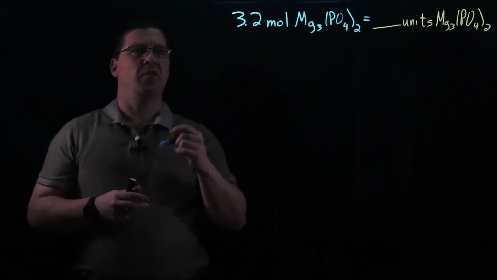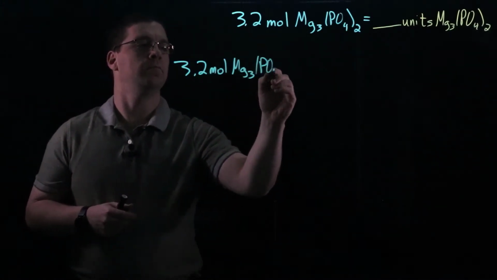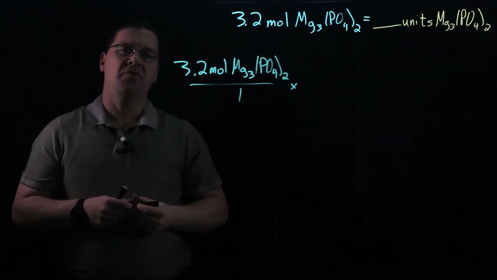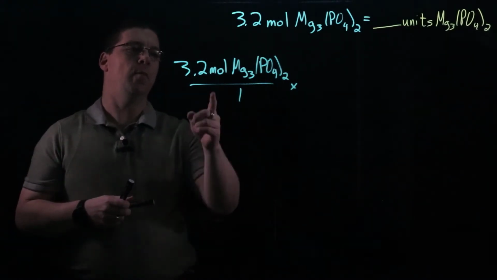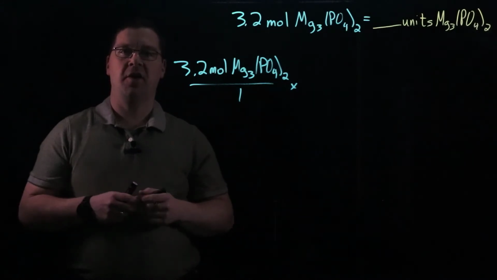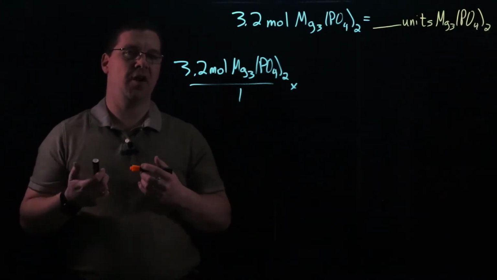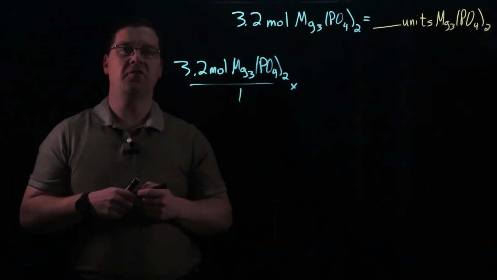So I'm going to start by writing down the quantity that I'm given. And as far as my conversion factor goes, the mole units are the ones that I need to get away from. So when I set my conversion factor up, I need to set it up so that the 1 mole that Avogadro's number is equivalent to is in the denominator.